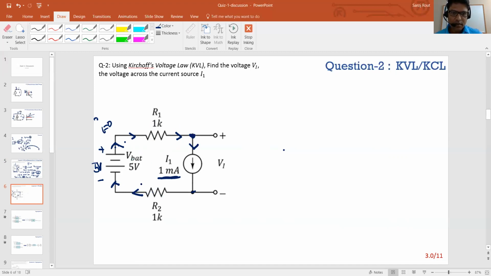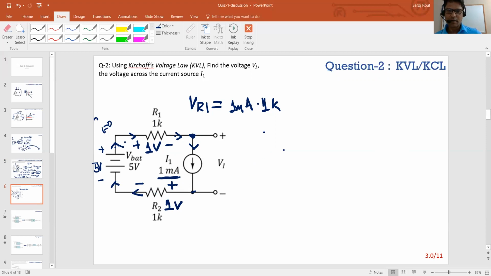Sorry, I drew the wrong direction. Yeah, so that's the correct. And so if the current is flowing in this direction, if I write again VR1, the voltage across R1, it's nothing but 1 milliamp times 1K. So that's just 1 volt here. And this direction is again 1 volt here.